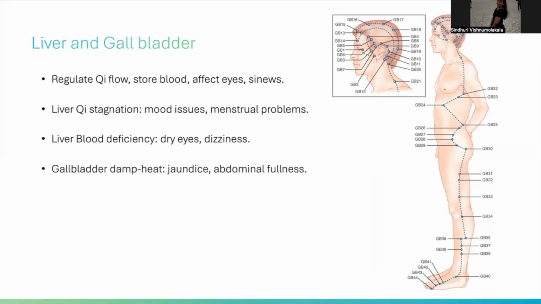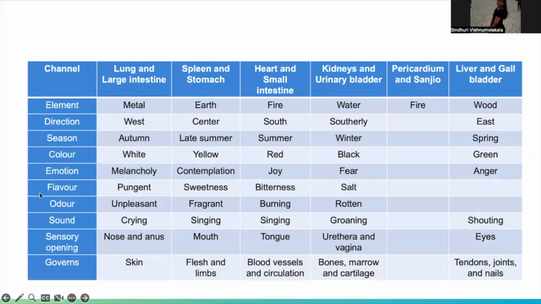So that is how you know there is a problem with your gallbladder energy. So understanding these meridians lays a crucial foundation for you to understand meridians much better. To end with, let's discuss the elements and the seasons related with different sets of meridians.